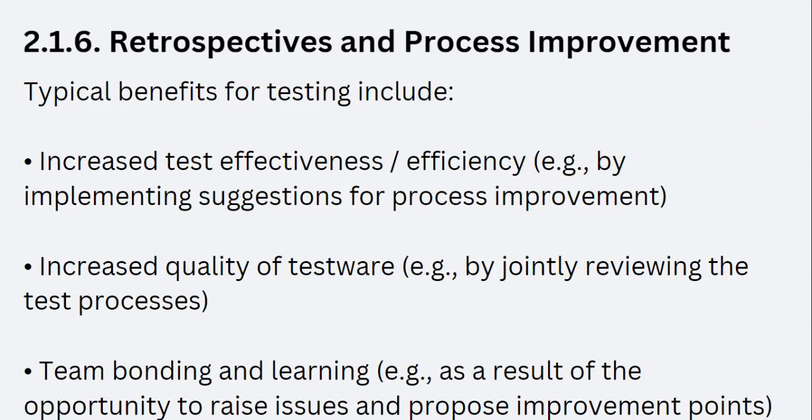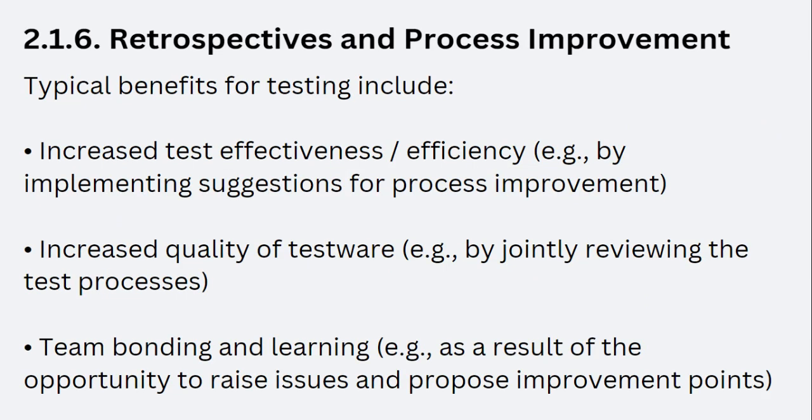Typical benefits for testing include increased test effectiveness and efficiency, for example, by implementing suggestions for process improvement. Next, increased quality of test data, as an example, by jointly reviewing the test processes.